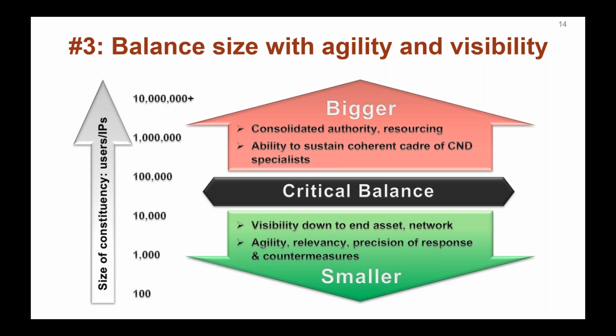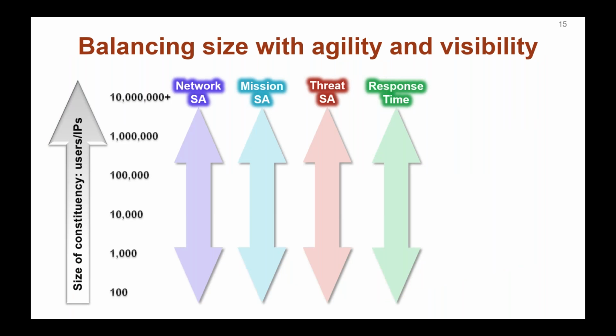That balance means different things for different people depending on the scope of their mission. Let's talk about that balance in terms of their size and balancing that with agility and visibility. If we look at cyber situational awareness, we break that into 3 pillars: network, mission, and threat.